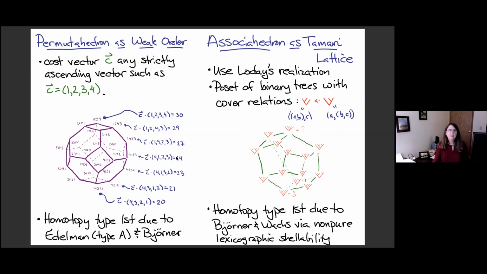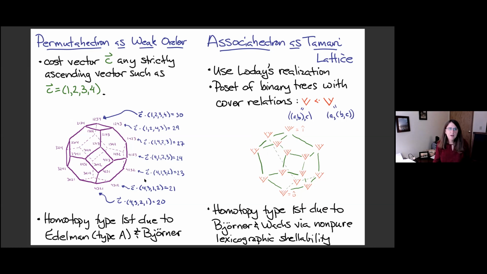I want to mention that the permutahedron, if you can put a cost vector on it like this, and here I've taken the standard realization of the permutahedron, has the Hasse diagram property, and in fact you get the Hasse diagram for weak order. The associahedron, using Loday's realization, with an appropriate cost vector, the one skeleton directed graph gives you the Hasse diagram for the Tamari lattice.